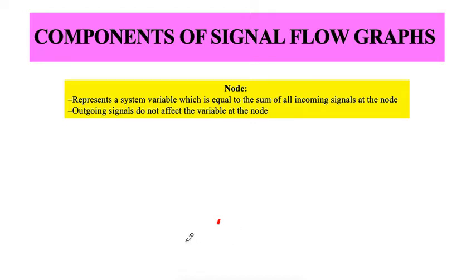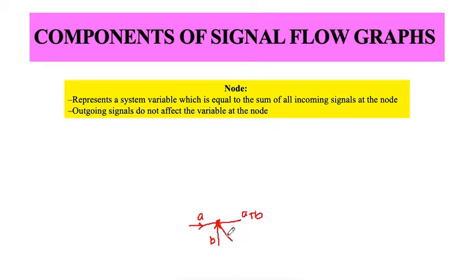For example, if I have A and B coming in, what is going out will not affect it. It depends only on the incoming signals.